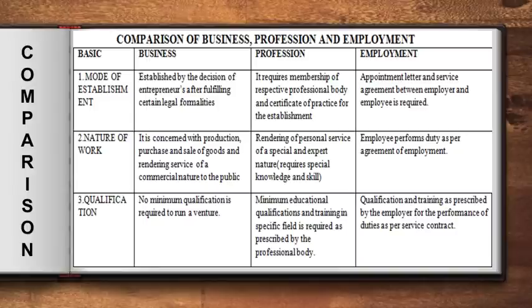Profession. It requires membership of respective professional body and certificate of practice for the establishment. So you can only become a professional or start off a profession if you become a member of a professional body and if they give you a certificate telling you that yes, you are ready to practice.